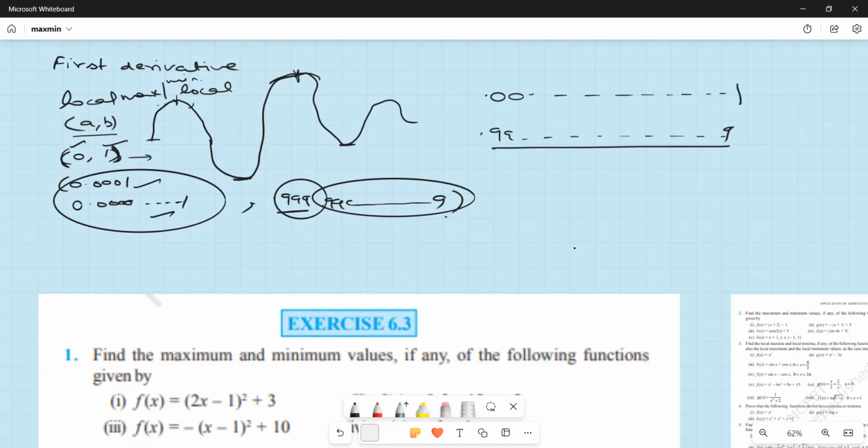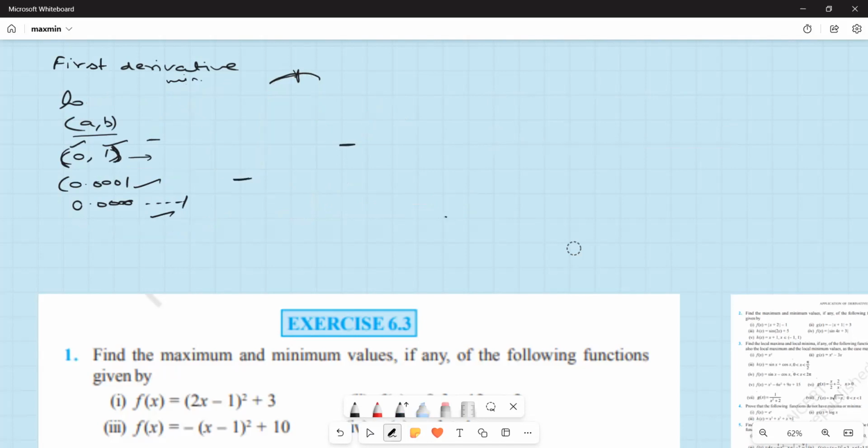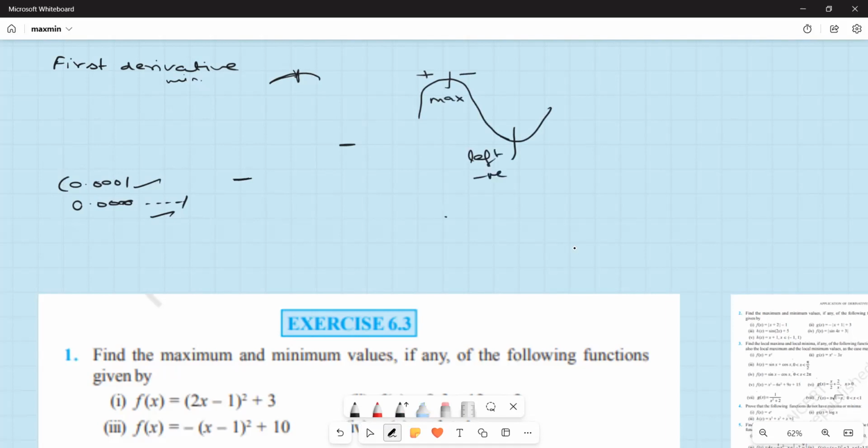So what does the first derivative test say? Now, in the GeoGebra, you have seen that in the curve, if the left side is positive and the right side is negative, it is maxima. And if the left side is negative and the right side is positive, that is minima, na? What does it mean? That at the point, dy by dx is positive on the left.